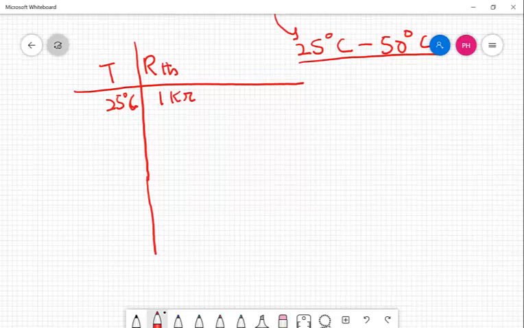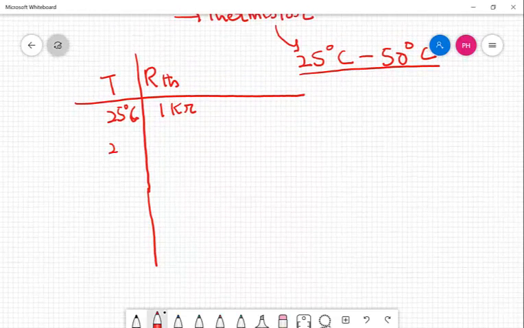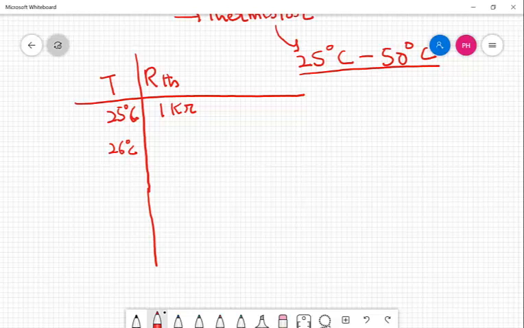Maybe at 26 degrees Celsius, it has a resistance of 1.33 kilo ohms. And at 27 degrees Celsius, resistance increases further, maybe up to 1.80 kilo ohms.